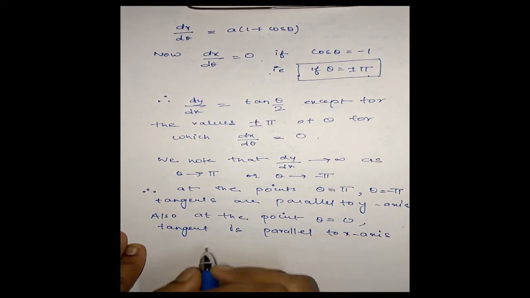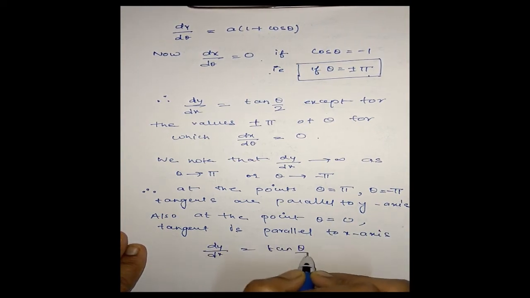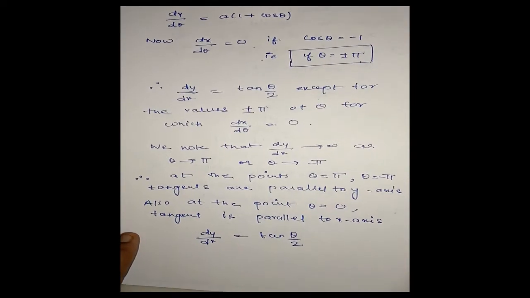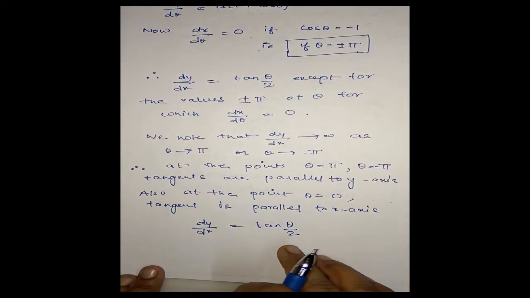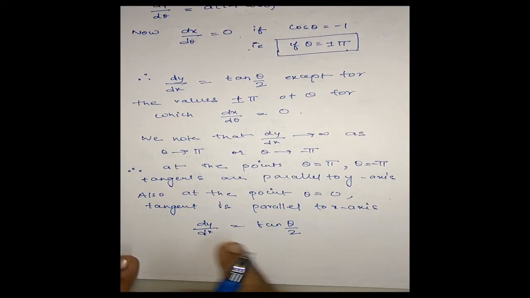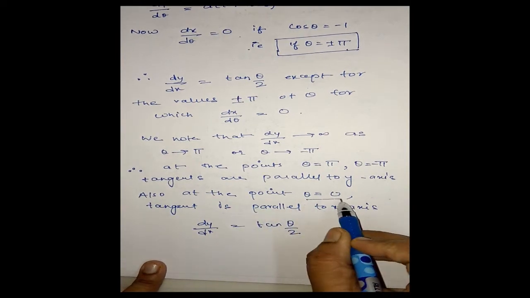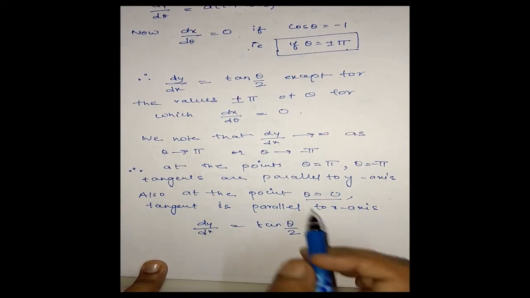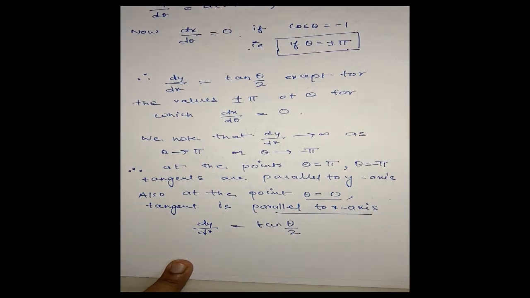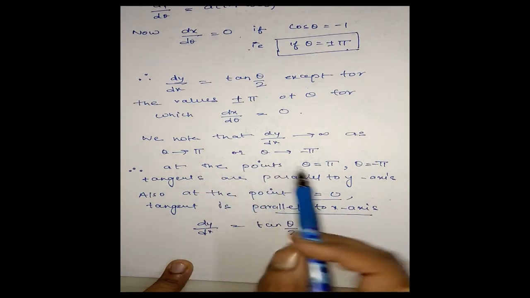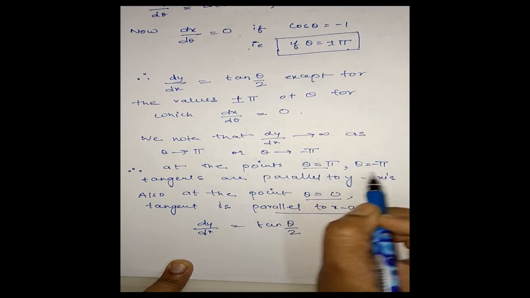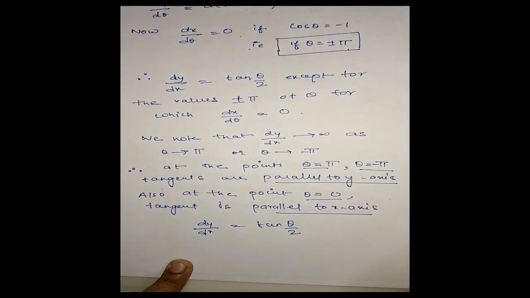Since at theta equal to 0, dy/dx is defined as tan(theta/2), that is, sin(theta/2) divided by cos(theta/2), and we know sin 0 is 0. Therefore, at the point when theta is 0, dy/dx is 0. That means the tangent is parallel to the x-axis. And at these two points, theta equal to pi and theta equal to minus pi, tangents are parallel to the y-axis.